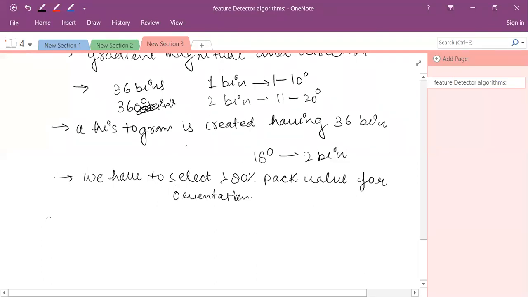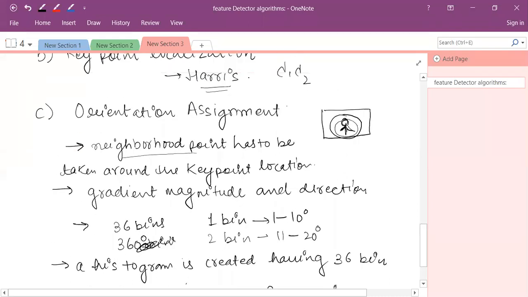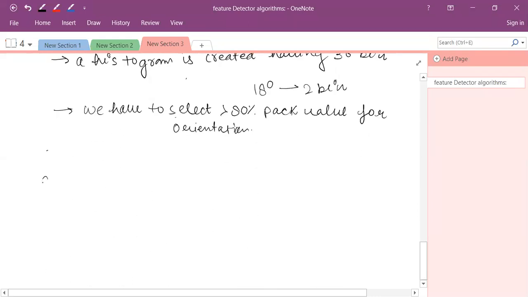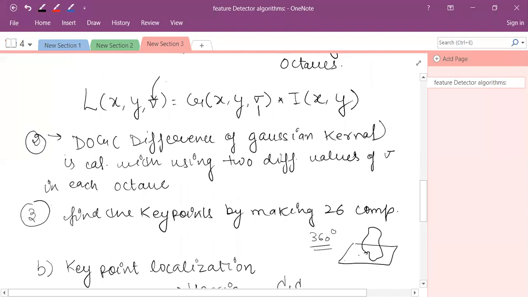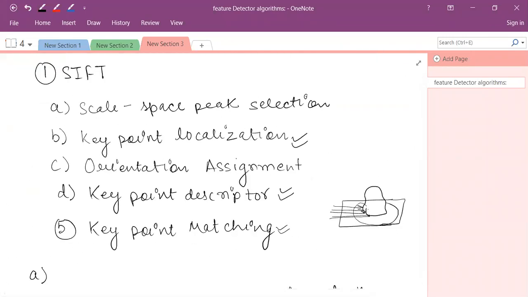Now the next step is called the key point descriptor. That is called, I think this one is C, so this one should be D. As I told you, points C and D, sorry, key point localization and key point descriptor can be done simultaneously.